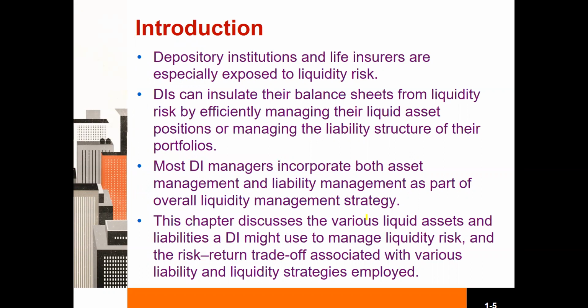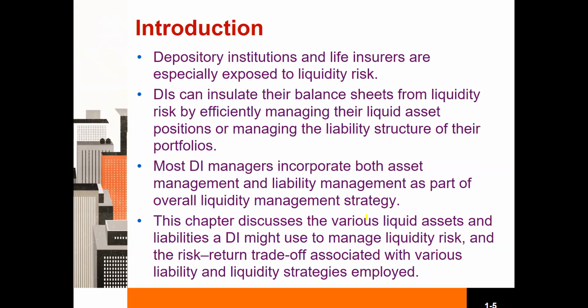To reduce the risk of a liquidity crisis, depository institutions can insulate their balance sheets from liquidity risk by efficiently managing their liquid asset positions and managing the liability structure of their portfolios. Most depository institution managers incorporate both asset management and liability management as part of an overall liquidity management strategy.